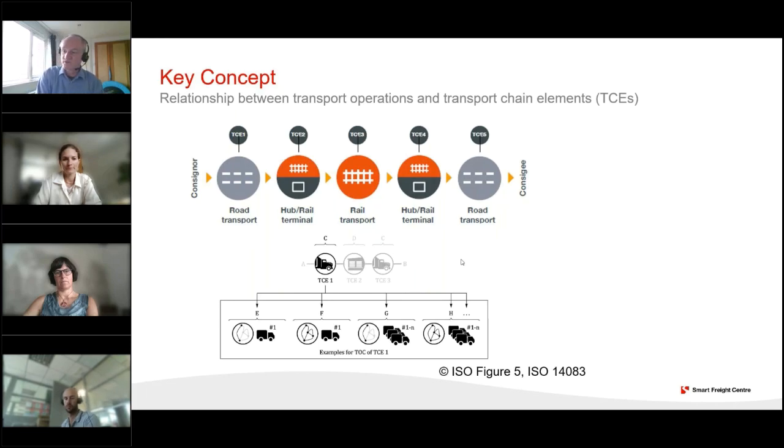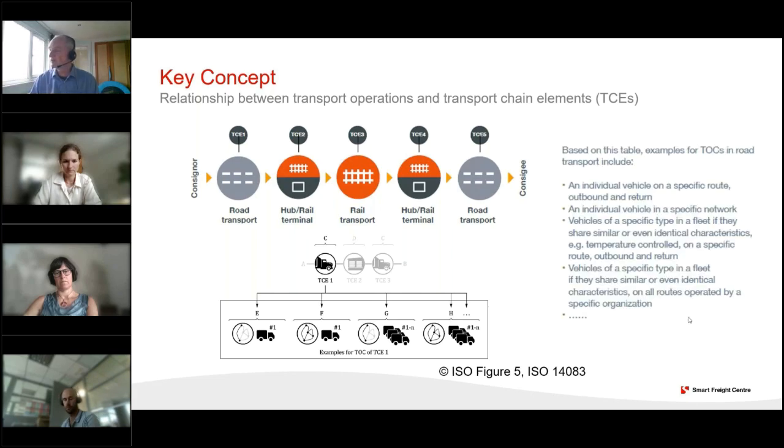If you want to look at one particular day, you can still do it within the rules of actually how you set up a transport operation category, but it's preferred to do it on a more aggregated basis.